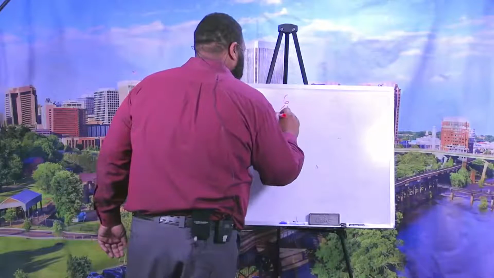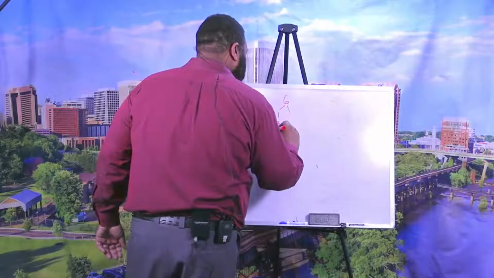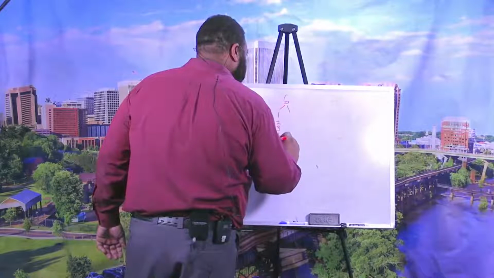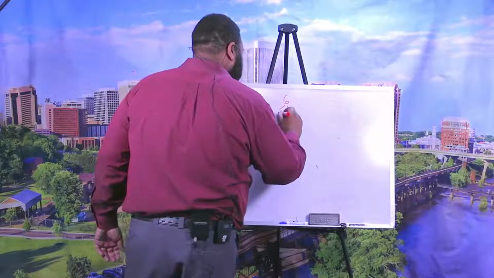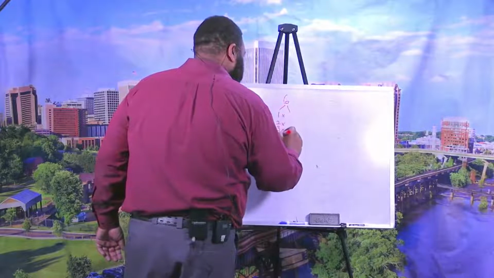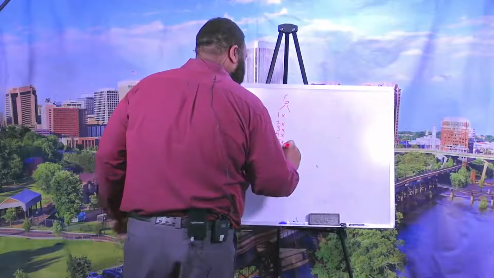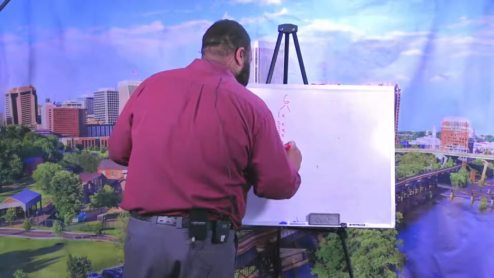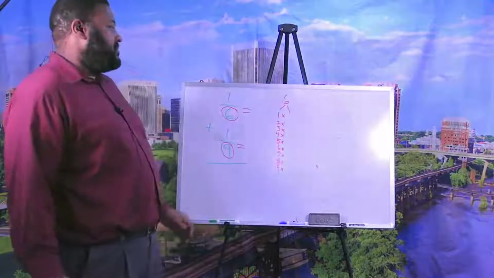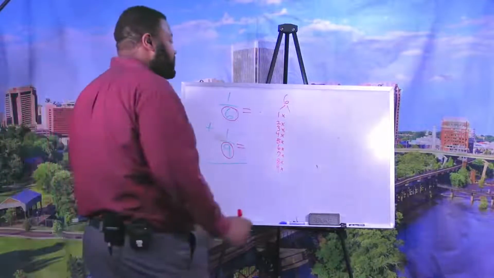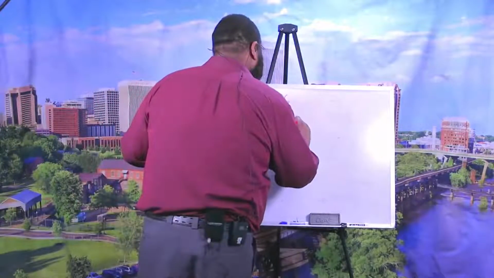We got 1, 2, 3, 4, 5, 6, 7, 8, 9. That's where I'm going to stop. Then I'm going to put an X that stands for multiplication. All I'm doing. And now I'm going to do repeated addition.